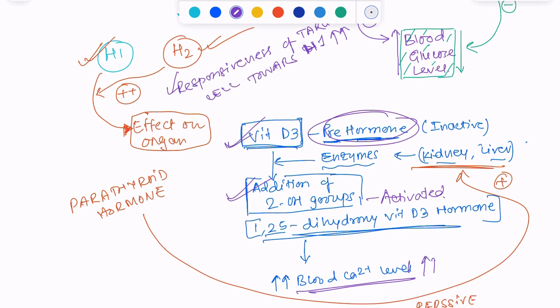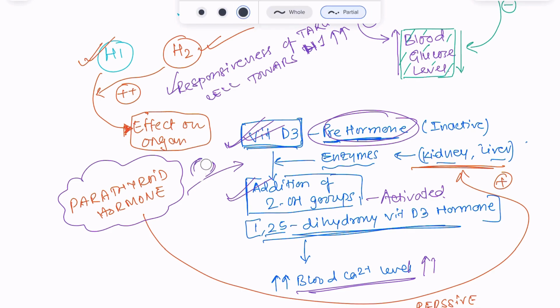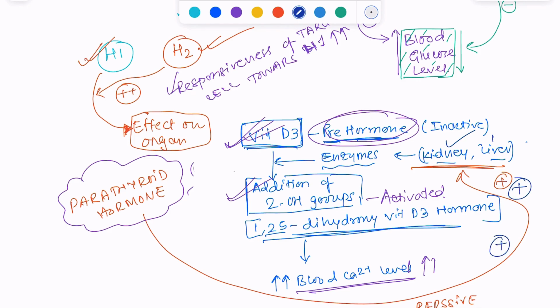When parathyroid hormone is present, there is no direct effect on vitamin D3 action, but indirectly it is affecting it. It stimulates the production of those enzymes in the kidneys and liver, which ultimately help convert vitamin D3 into 1,25-dihydroxy vitamin D3.